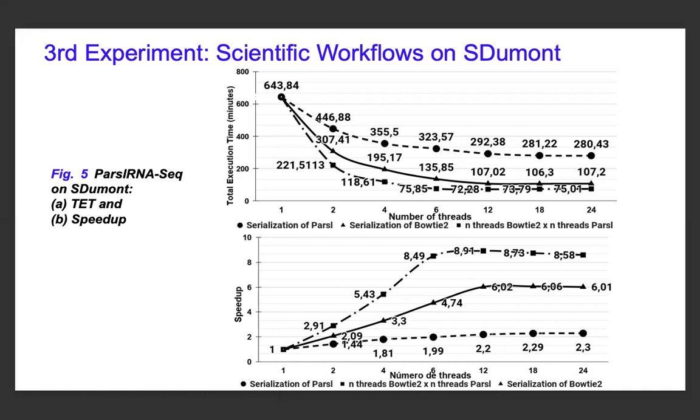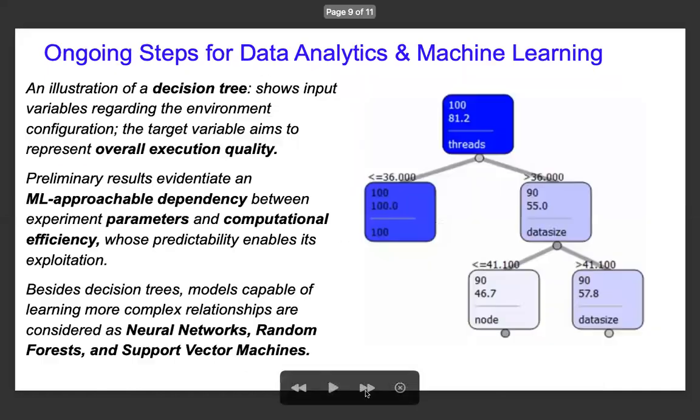Different types of experiments were performed, and we explored the parameters of the different bioinformatic applications with Parsl, and we stored all this information in our databases. Then, with this type of information, we are presenting the ongoing step based on data analytics and machine learning.